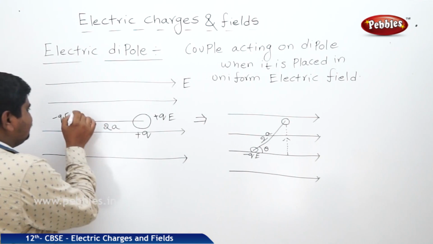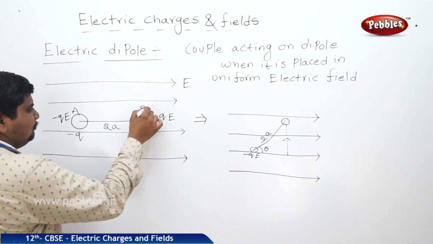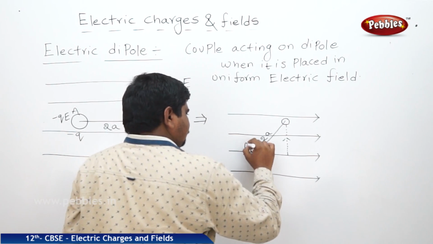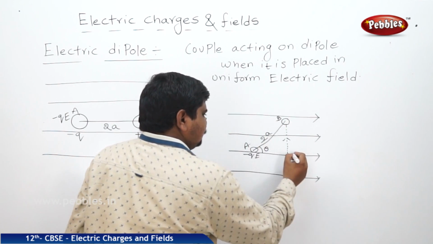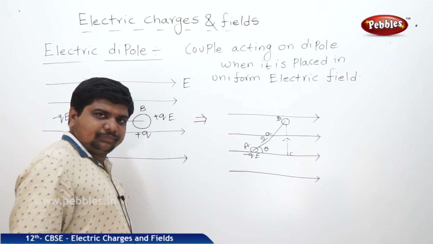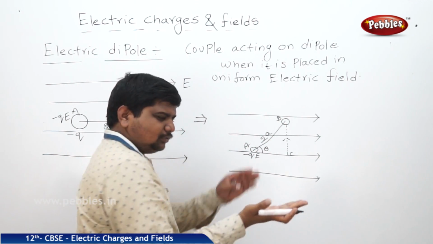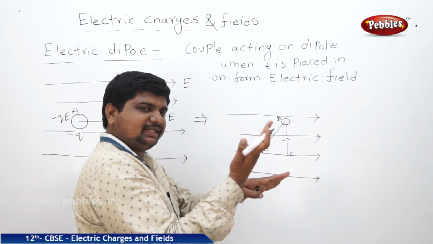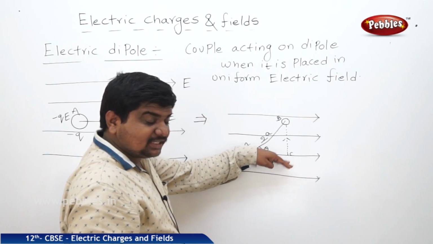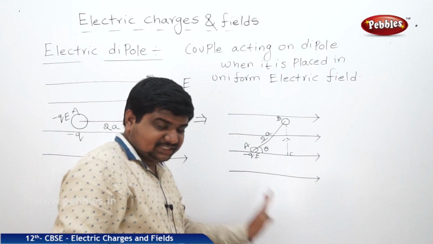Let us give the names of the positions A, B, C. Now, please listen. This dipole obliquely changed its position whenever it is placed in the uniform electric field due to the force of repulsion.